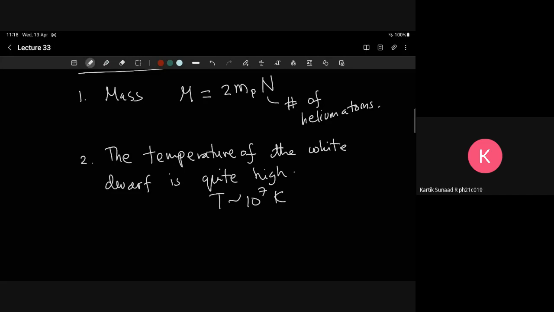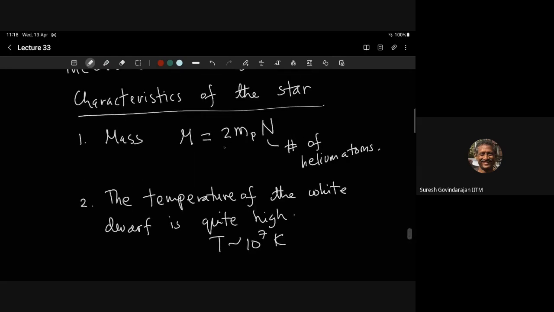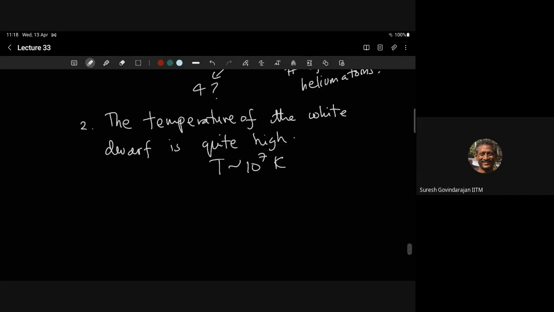No, maybe I'm wrong. So anyway, that's not so important. 2 should become 4 then, right? Okay. So we'll leave this as a question mark. It doesn't matter. All I want really is that the mass is some known factor times the number of helium atoms. That's all I actually need.